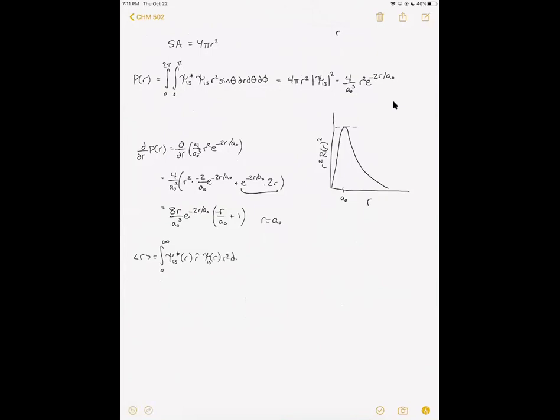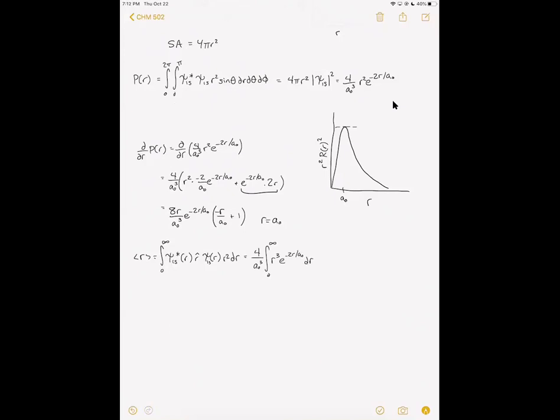Now, I'm writing this out here as a single integral because I have already done the double integral up here. If you hadn't already done the double integral, you would need to do a triple integral over all 3 of our variables. So this then is simply 4 over a naught cubed times the integral from 0 to infinity of r cubed e to the minus 2r over a naught.